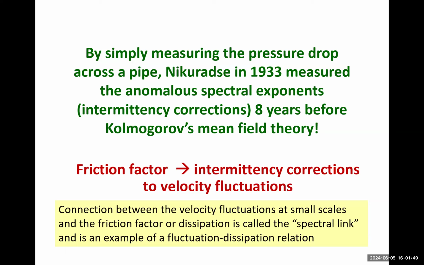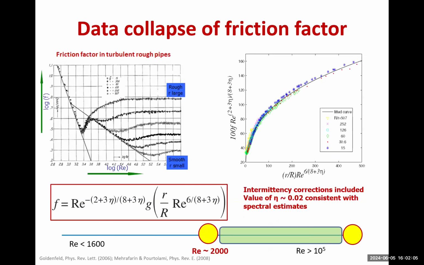So now we've got a connection between the friction, the dissipation, and the intermittency, and the intermittency tells you about the velocity fluctuations. So what this data tells you is that there is a non-equilibrium version of the fluctuation dissipation theorem.